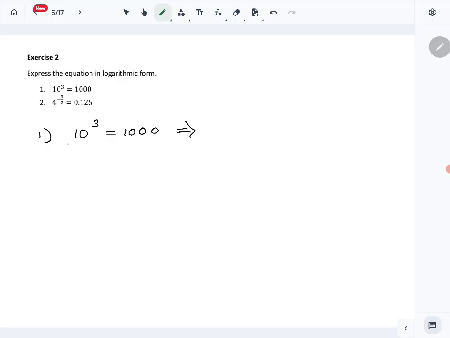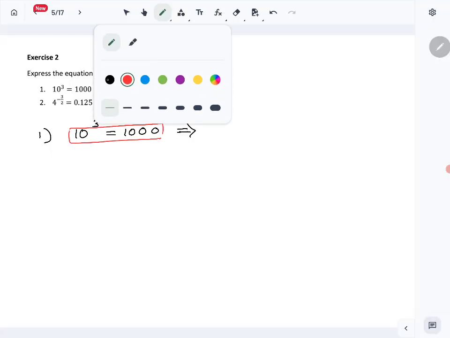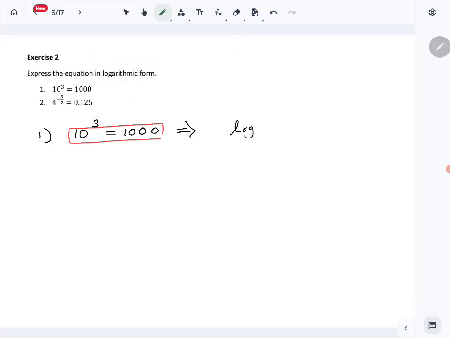So remember the trick. Numbers on the same level come on the log side. So log base 10 of 1000 is equal to 3. Then next one, now what?